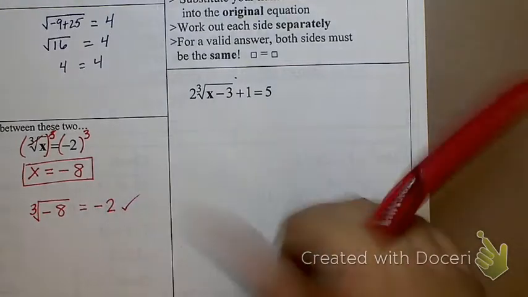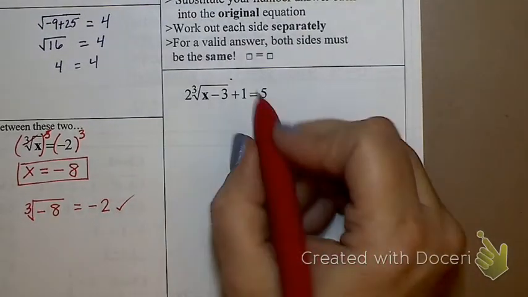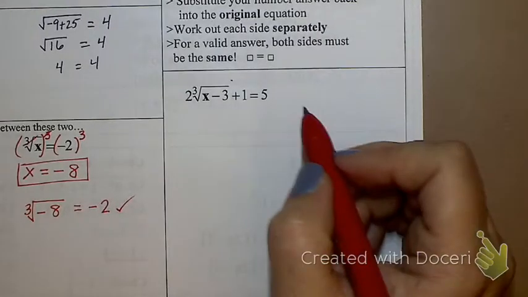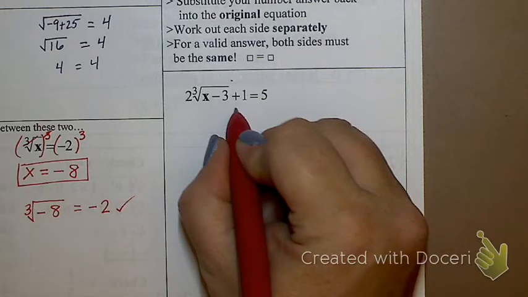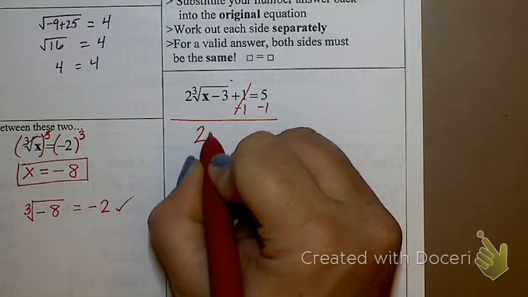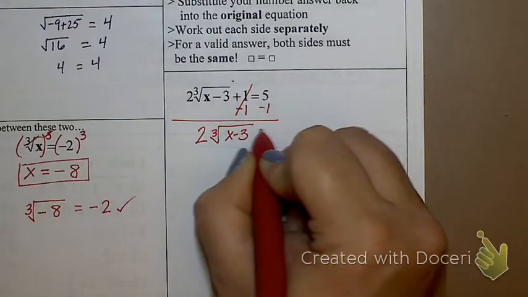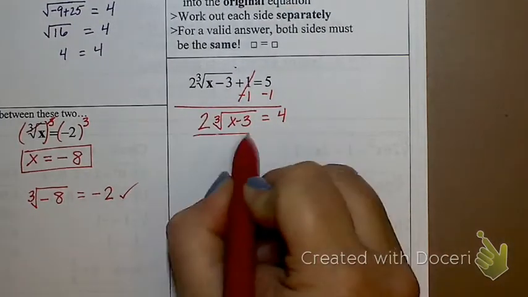Let's look at this guy. Is my radical alone? No. What do I need to do? I need to divide by 2 and I need to subtract 1. Which one do I have to do first? Subtract 1. That gives me 2 times the cube root of x minus 3 equals 4. Now what? Divide by 2.